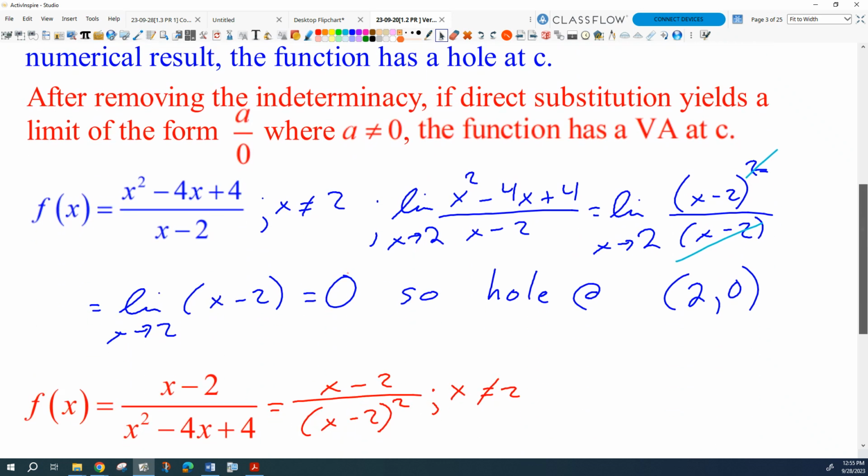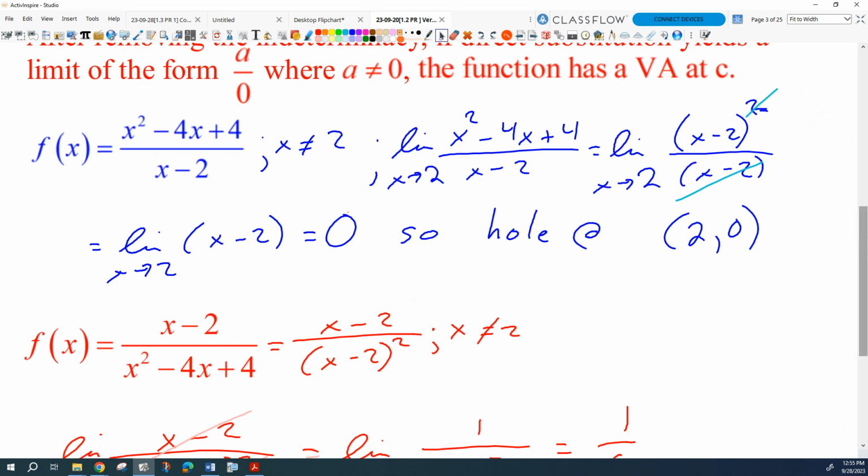And here's the example we looked at in class, one very similar to the one we just did. Look at this function here, this blue one. If I try to take the limit as x approaches 2, I get 0 over 0, indeterminate.